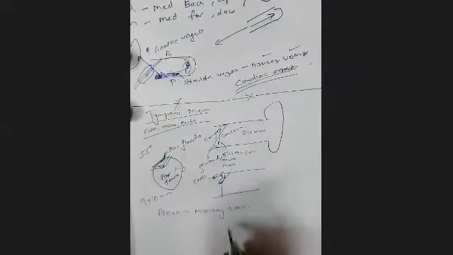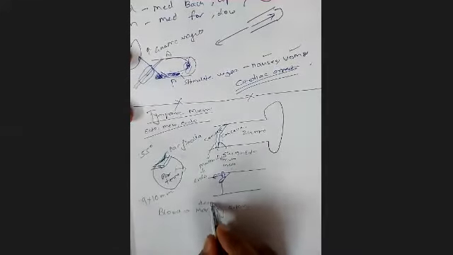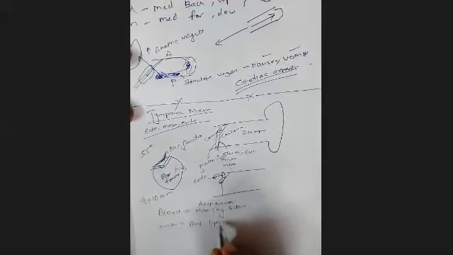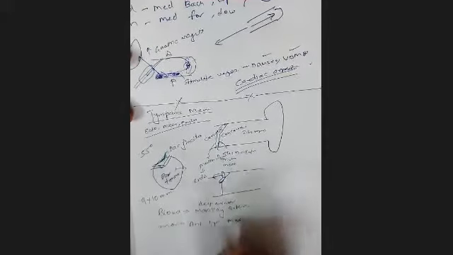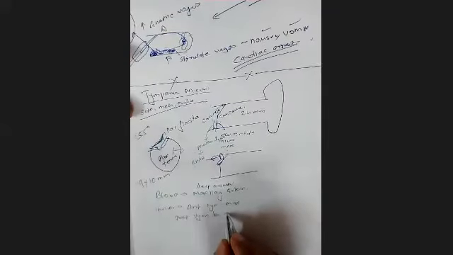So the blood supply of the outer side is by the deep auricular branch of the maxillary, and on the inner side, the blood supply is by the anterior tympanic branch of maxillary. Okay, and there is the posterior tympanic branch also, which is from the stylomastoid branch of the posterior auricular.